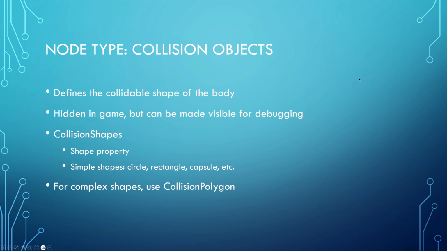Now let's talk about collision objects. Like I said before, bodies in Godot are just a single point in space. It doesn't say how this thing can collide with other things or where its shape is.